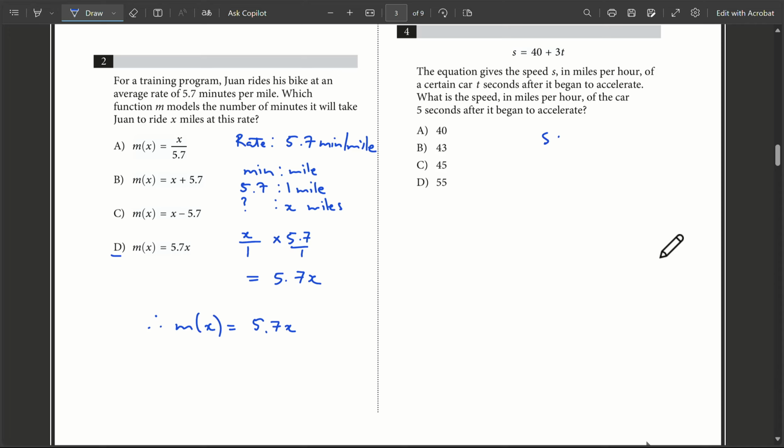So we have S is equal to 40 plus 3t. What we're doing here is to substitute. So we have 40 plus 3. We're told that 5 seconds, which is our t. So we have 5 right here. So now we have 40 plus 15, which gives us 55. And the answer is D.